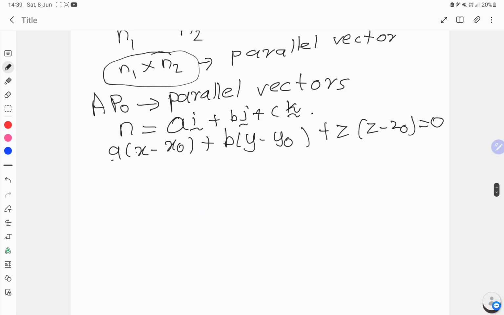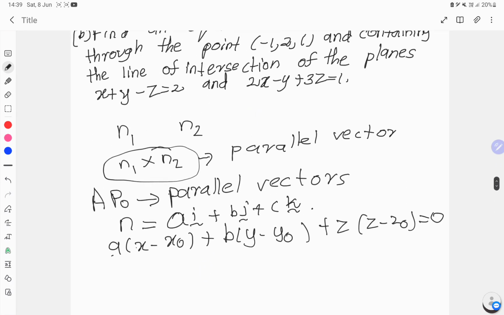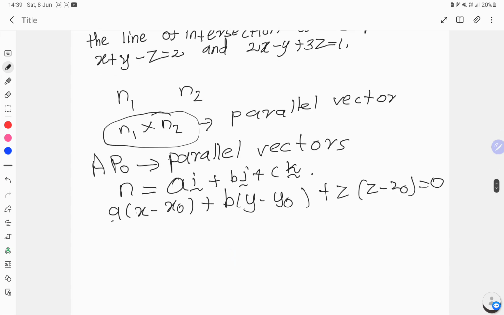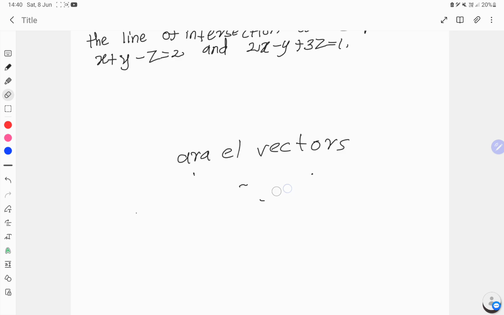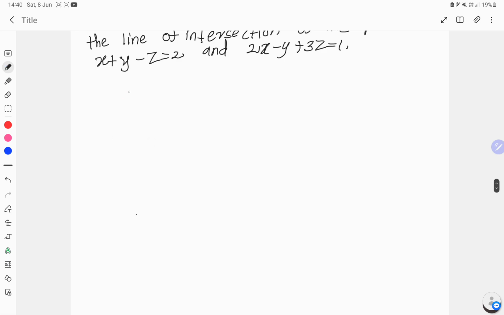Now we can use another way. Here we use this equation. We take this one P1, this one P2 plane.